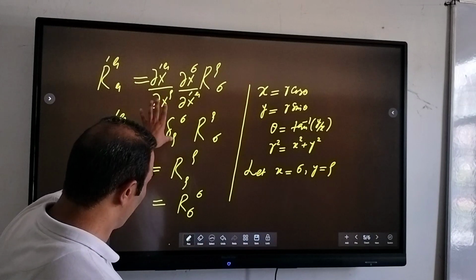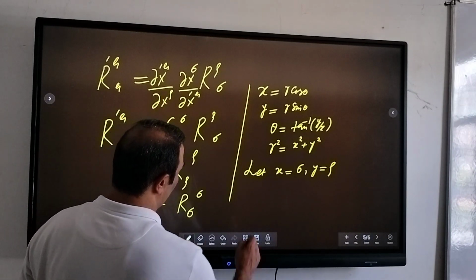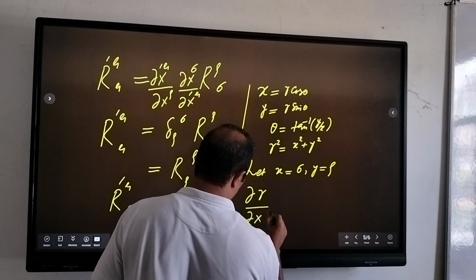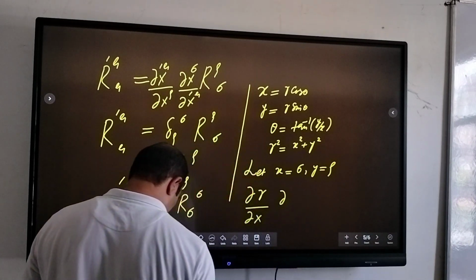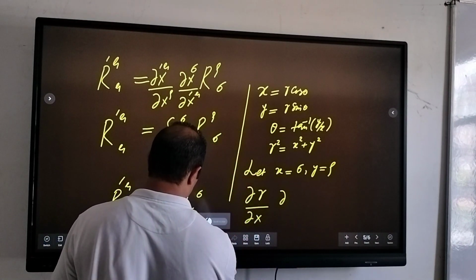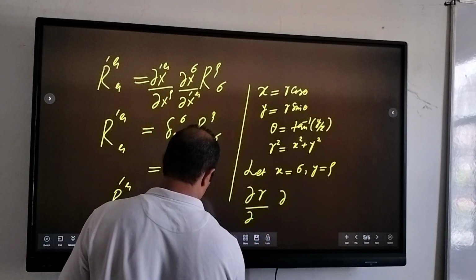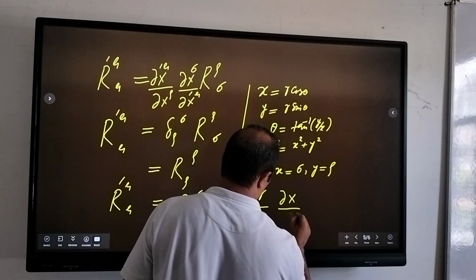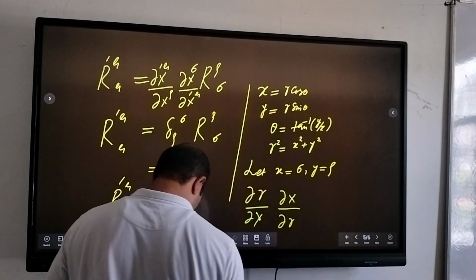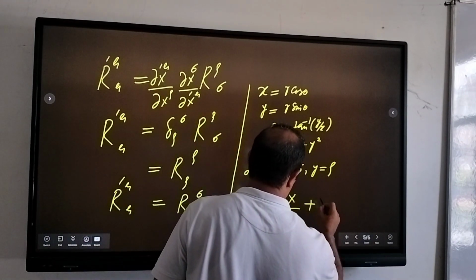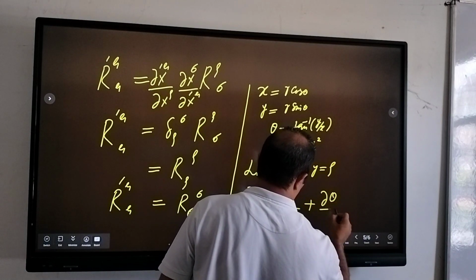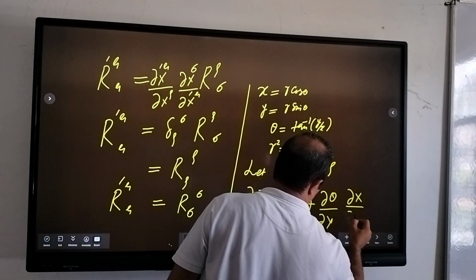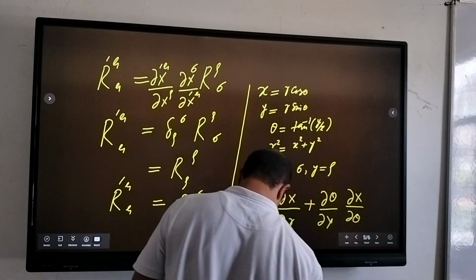So if you use this transformation, we should get partial r by partial x. Sorry, it should be y here. Right? It should be y here: partial x by partial r, plus partial theta by partial y and partial x by partial theta, right?